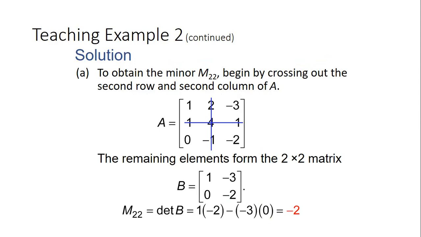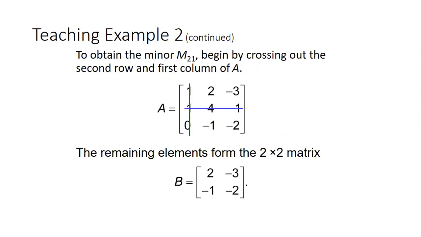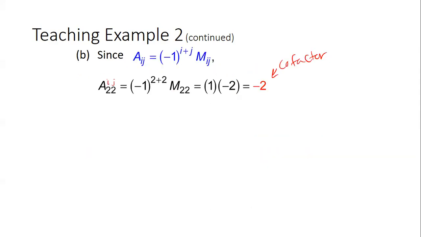So M22 equaled -2. And then now you're just multiplying. So when it says M22, this right here is the determinant of the minor.